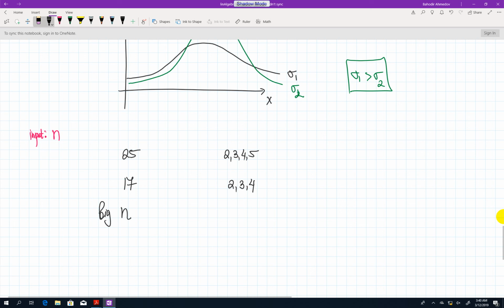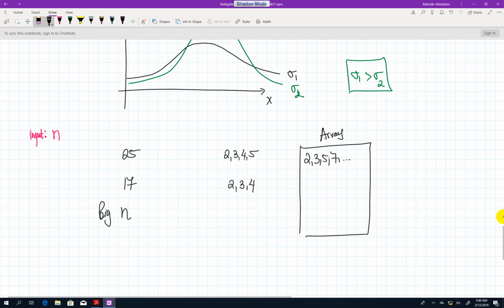Or we can try to cheat, right? How can we cheat? List out all the primes, right? Just go to Wikipedia and copy all the primes up to n. Make the array with all the primes: 2, 3, 5, 7, and so on.